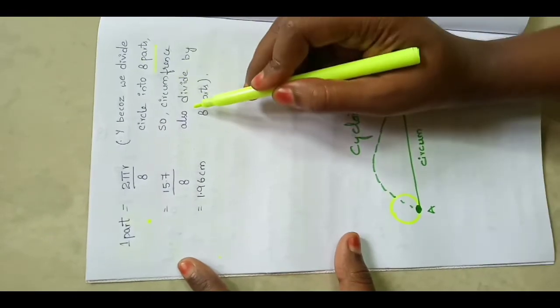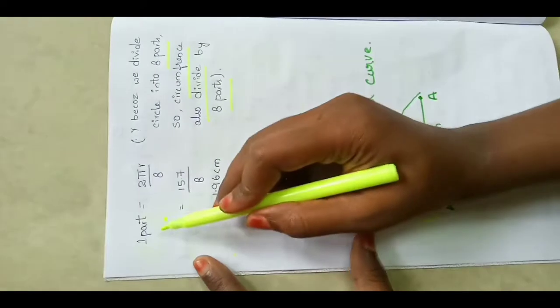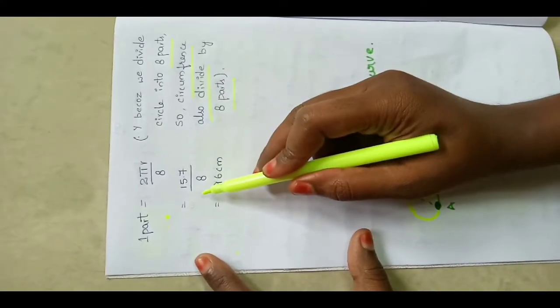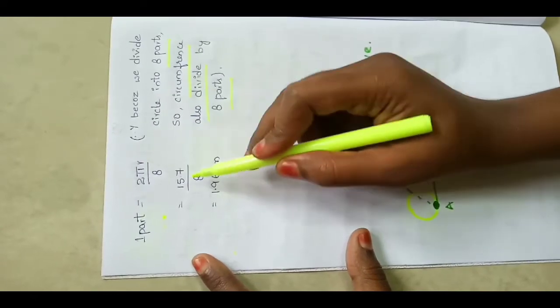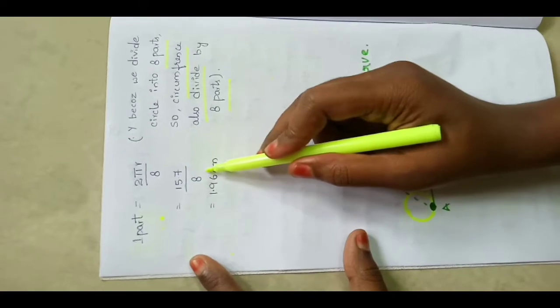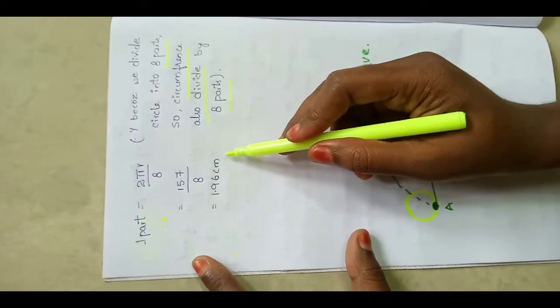So one part is equal to 2 pi r by 8, that is 15.7 divided by 8, which is about 1.6 centimeters.